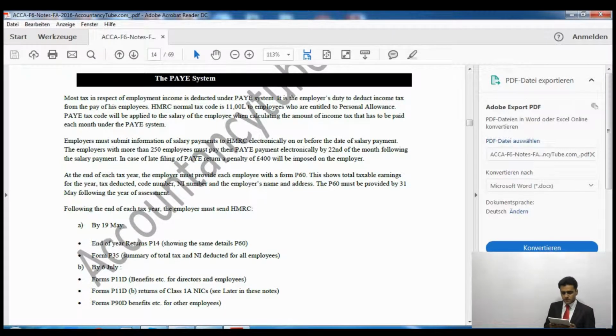So it says most tax in respect of employment income is deducted under the pay system. It is the employer's duty to deduct income tax from pay of his employees. Now HMRC's normal tax code is 1100L. When you are eligible for the normal personal allowance, your tax code will be 1100L.